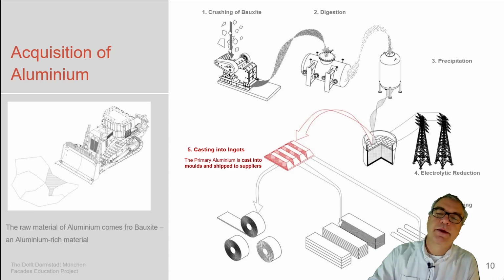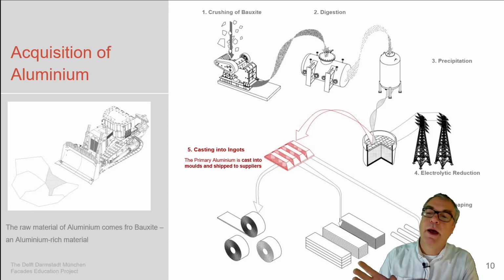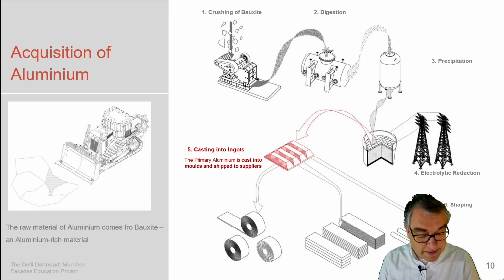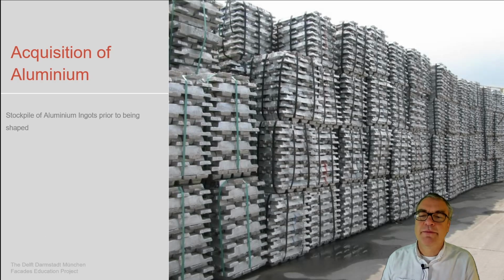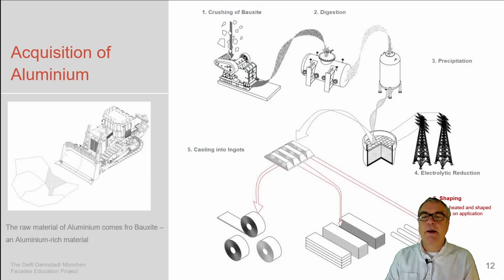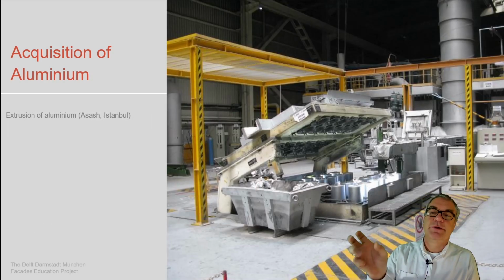This is done at the plants where the aluminium is produced, and then these blocks are shipped to the places where the aluminium profiles are made, and these are the blocks as we know them. Then these blocks are brought again into an electrical process to make them liquid, which is this one.